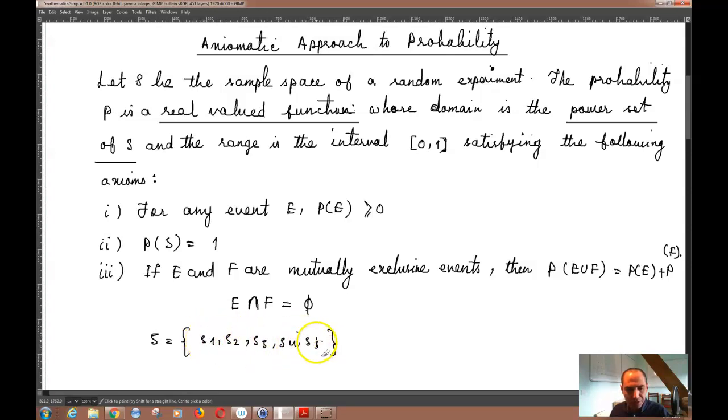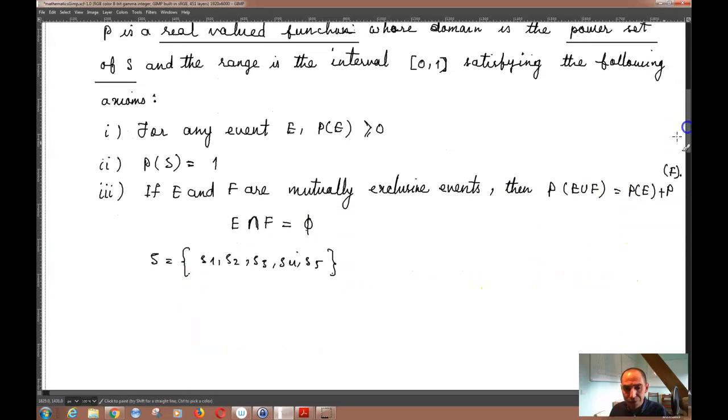So you have these five members of the sample space. So of course you know that S1 and S2 are mutually exclusive events.